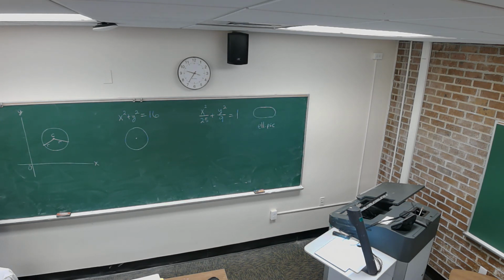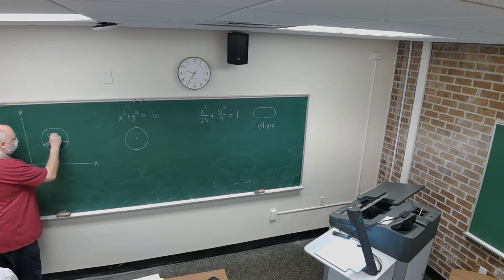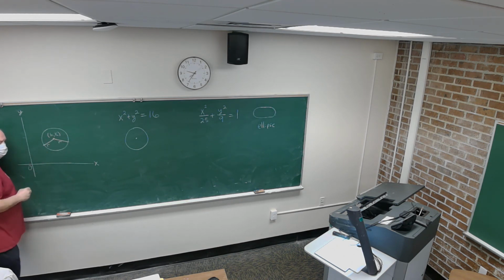The standard form of the equation of a circle with center at point (h, k) and radius r is given by this equation: (x minus h) squared plus (y minus k) squared equals r squared. So the center C here has coordinates h and k, right? h is the x coordinate, k is the y coordinate.